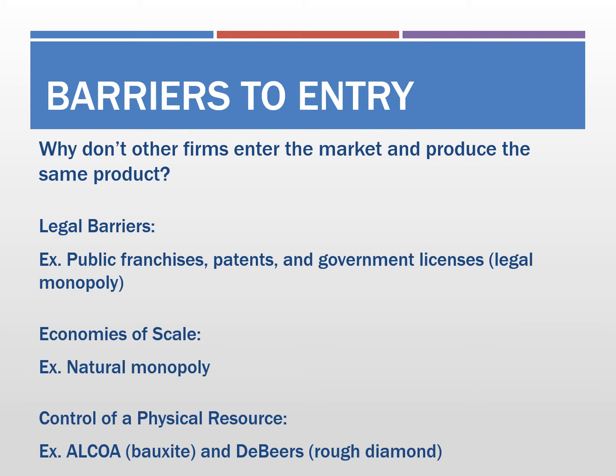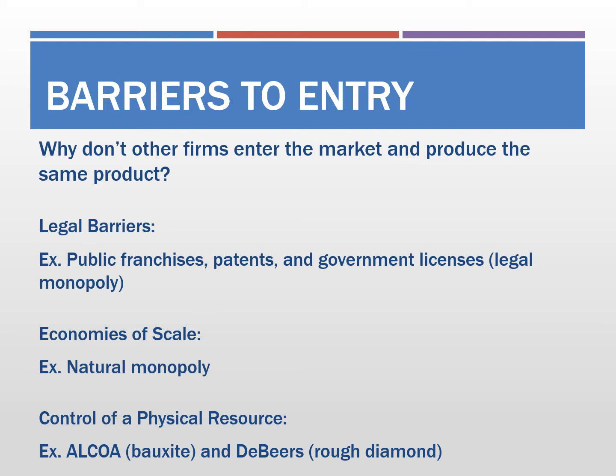Back in the early 1900s, Alcoa was a very famous aluminum producer. Because they were the only firm producing aluminum, and also dominated the very critical element used to produce aluminum, called bauxite, they were able to dominate the whole market for aluminum products at the time.